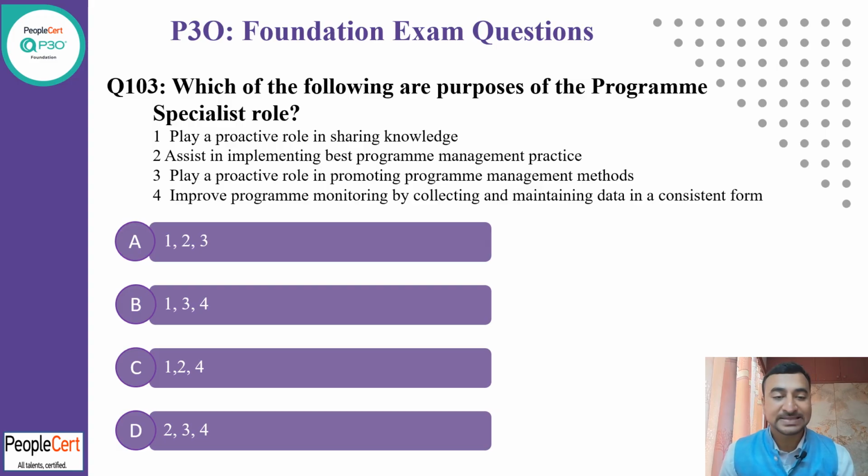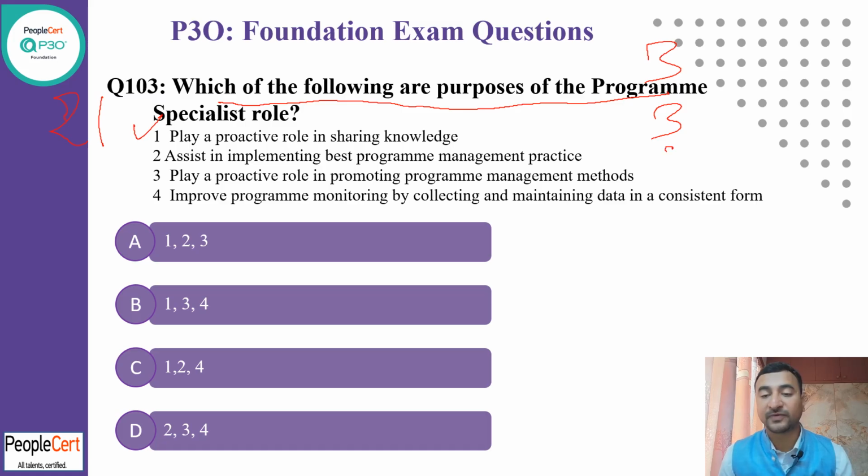Question 103 says: which of the following are the purpose of the program specialist role? In this particular chapter there are 21 different roles. If you recall, 3 are management roles, 3 are analytical roles, and 15 are functional roles.